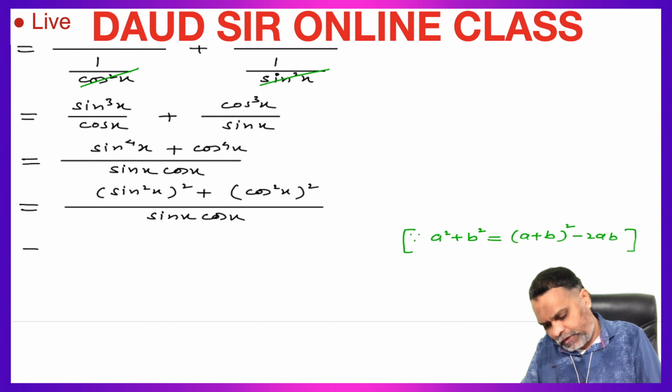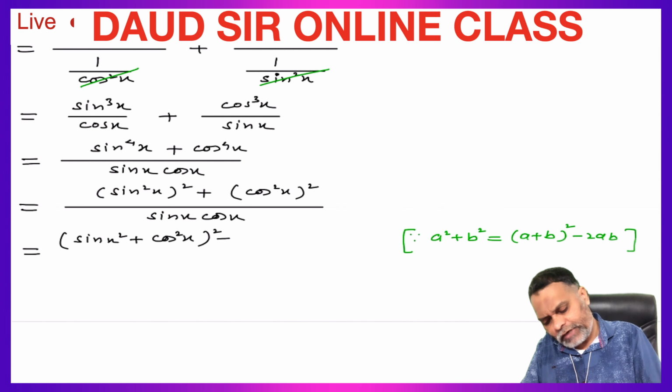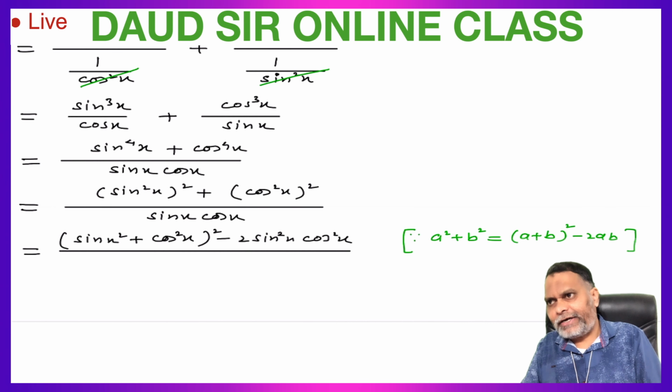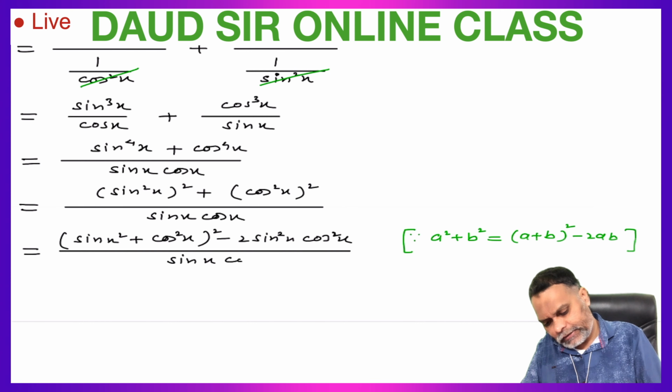So which is equal to a plus b whole square, so sin square x plus cos square x whole square, minus 2 times ab, 2 sin square x into cos square x, divided by sin x into cos x.